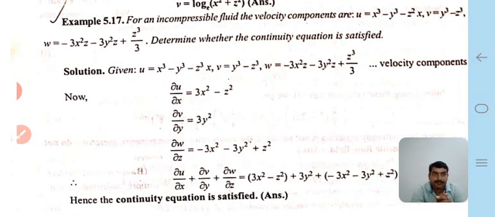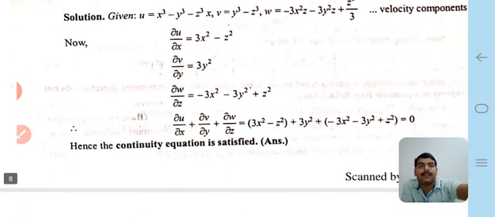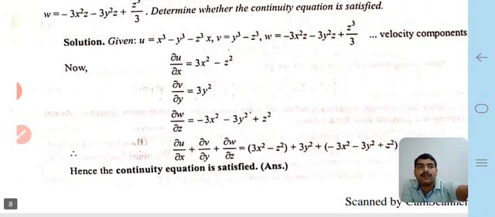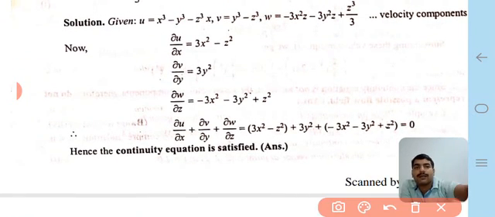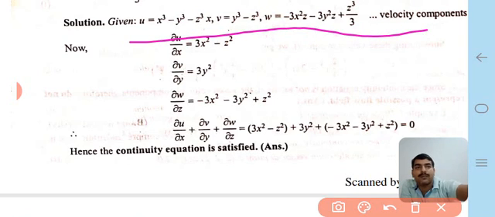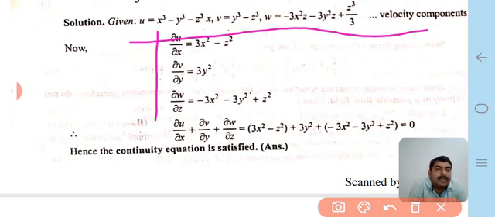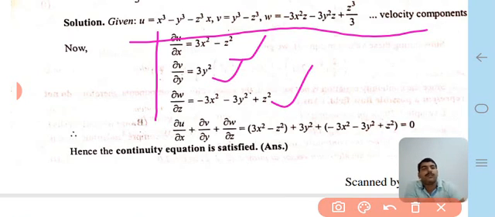Similar to that question, we have all the velocity components here, and differentiating them with respect to x, y and z, we get del u upon del x is equal to 3x square minus z square, del v upon del y is equal to 3y square, and del w upon del z is equal to minus 3x square minus 3y square plus z square.